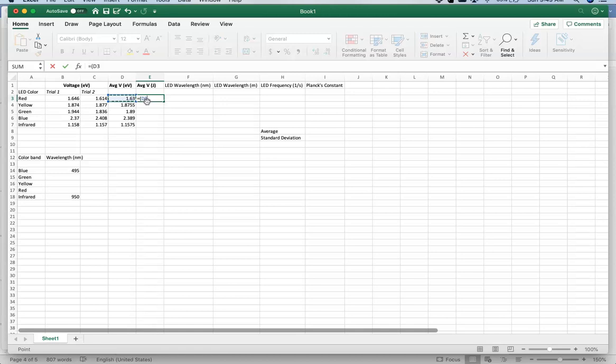What I've done instead is link what's happening in this column to here. Instead of typing 1.63, I'll just click on the number. We can see that it's linked. So if I change it here, that number changes. It's linking all the cells together, so if I make a mistake, I can easily fix it.